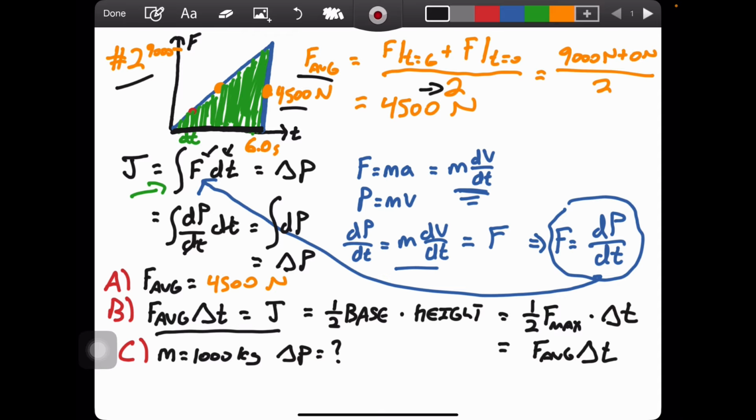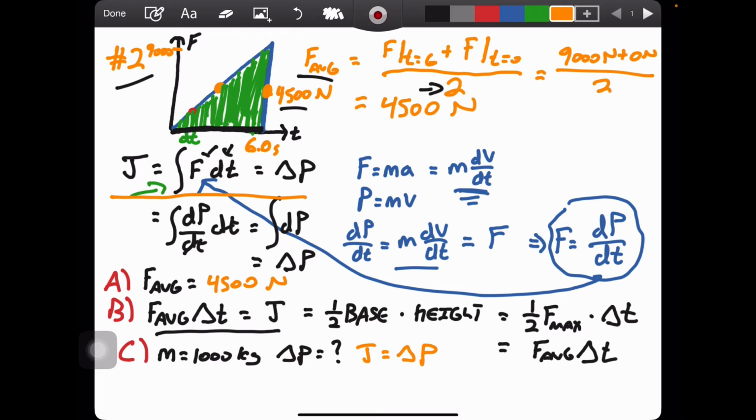Well, it turns out, based on what we learned so far, we actually don't even need to plug the specific mass in yet, because I already showed, namely right here, that our impulse J can be thought of as the change in momentum.